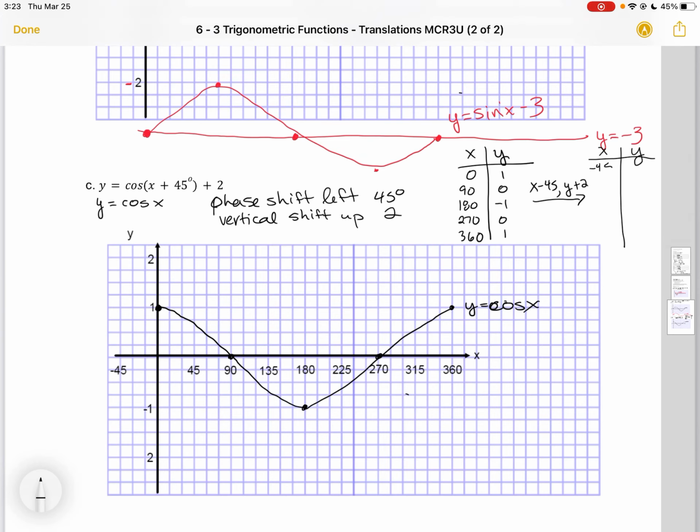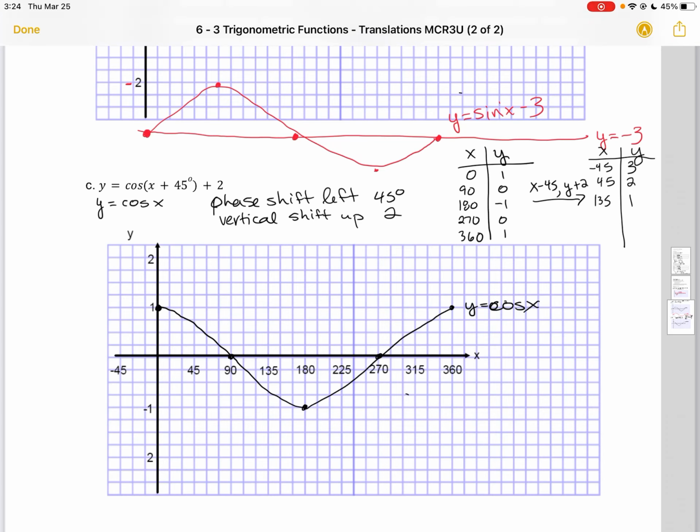So I've got minus 45 and 3. Then I've got 45 and 2. Then I've got 180 minus 45, which is 135, and then I'm adding 2 to my y coordinate, so it would be 1.